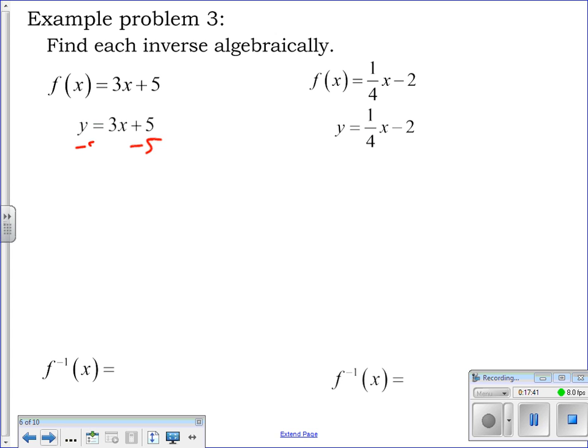Subtract 5. y minus 5 equals 3x. Divide by 3. y minus 5 over 3 equals x.